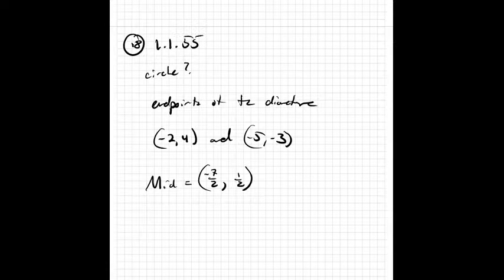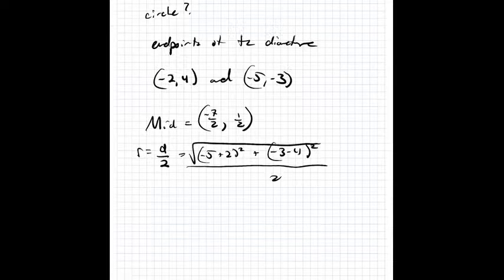So the radius is going to be the distance divided by 2. That's going to be xy, xy. So that's going to be -5 plus 2 squared plus -3 minus 4 squared. Square root. And then we're going to say all of that divided by 2.